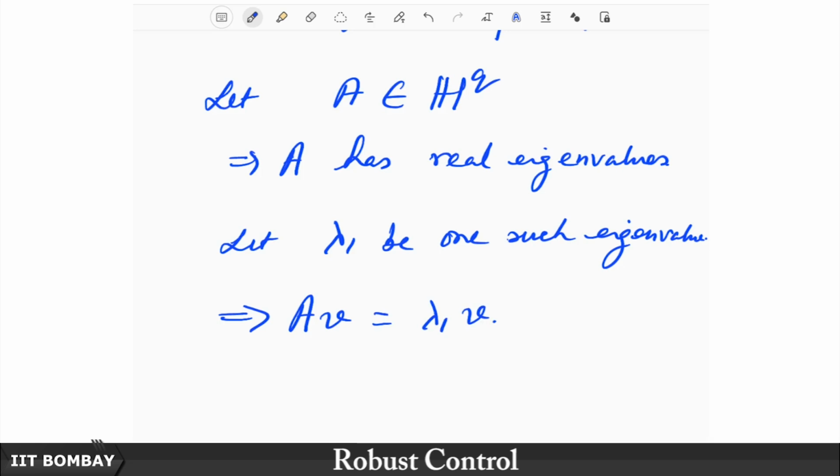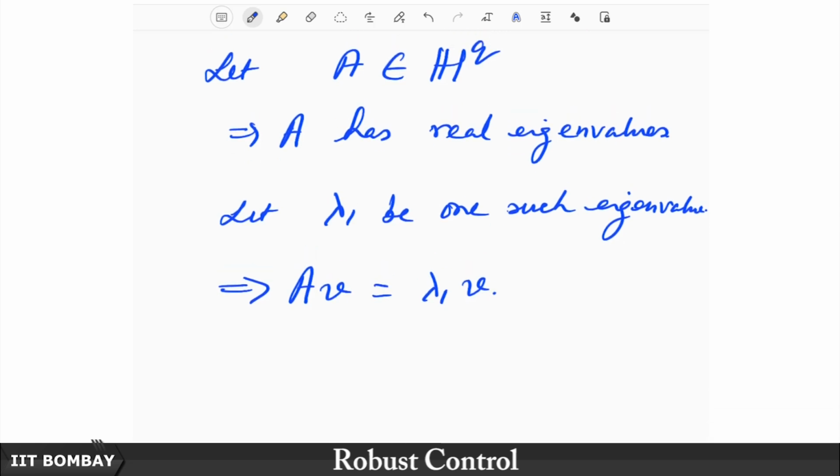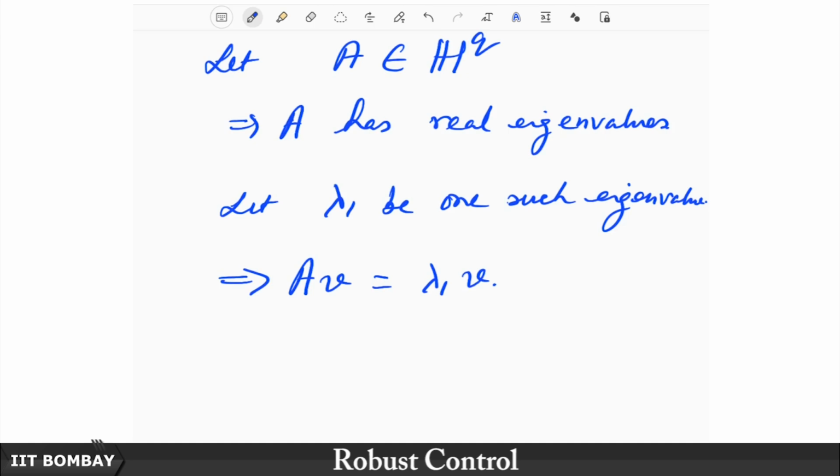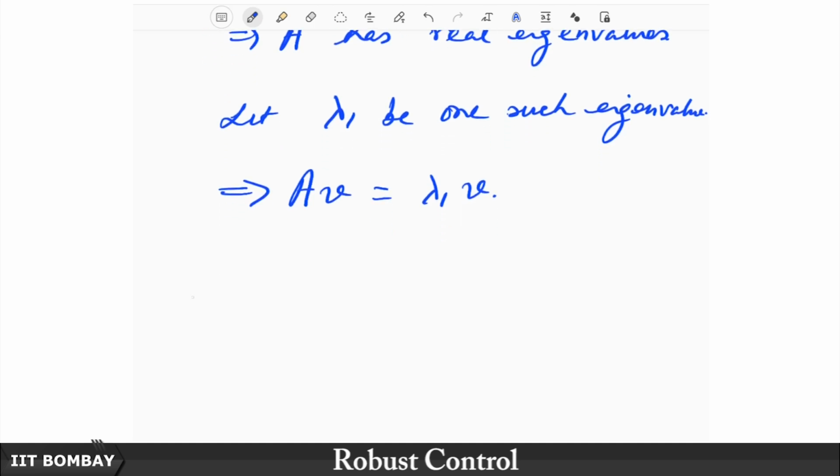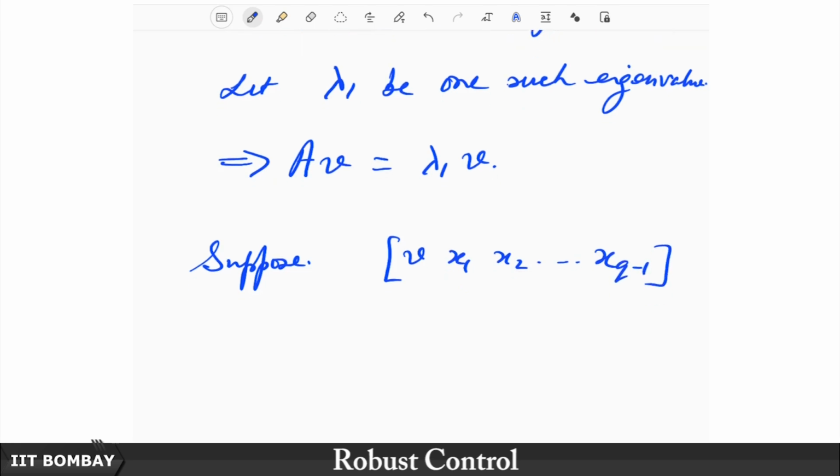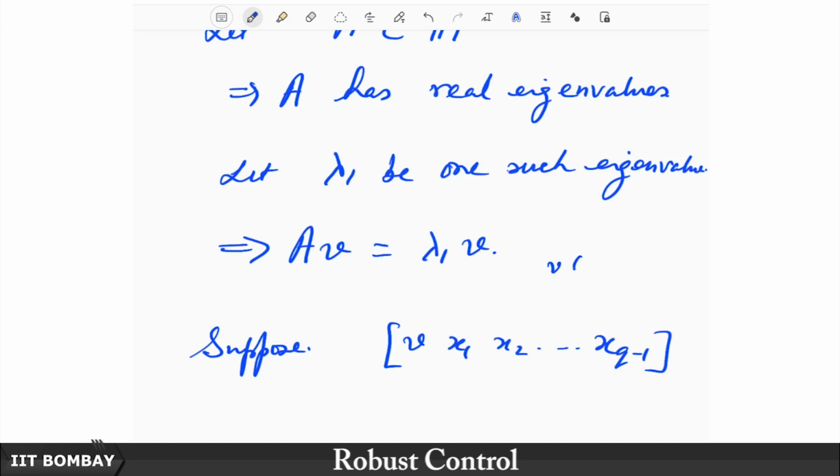We can always write this in this fashion. Suppose we have this set V, x1, x2, dot dot dot till x q minus 1. Of course, you understand that V belongs to C^q, that is a given, and V is not equal to 0.